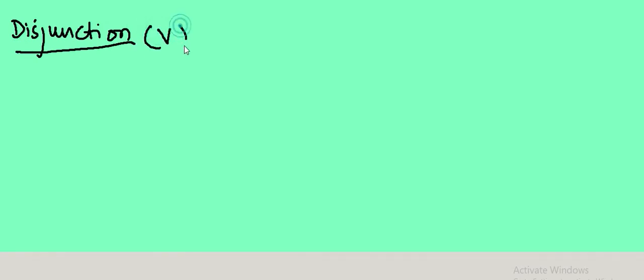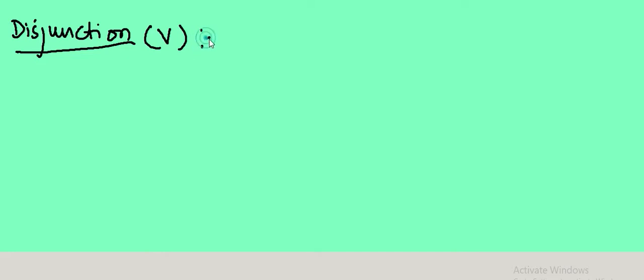So let's talk about another propositional function or logic, like disjunction, right? So disjunction is denoted by this symbol. This is the symbol for or, right?